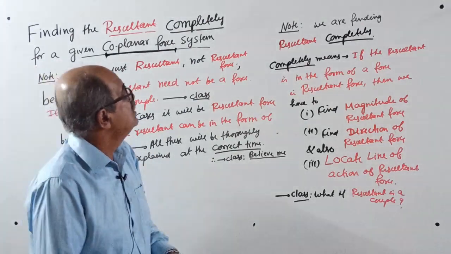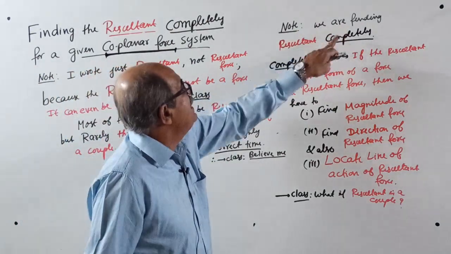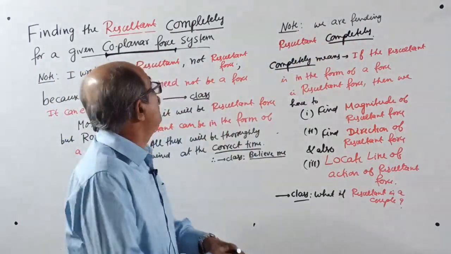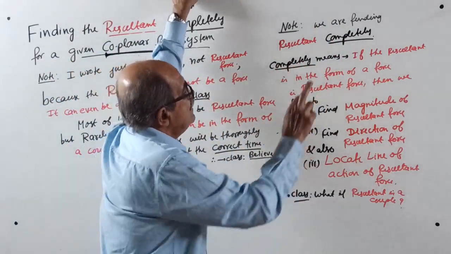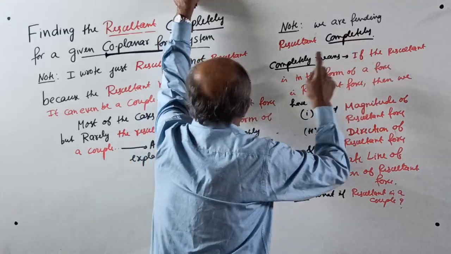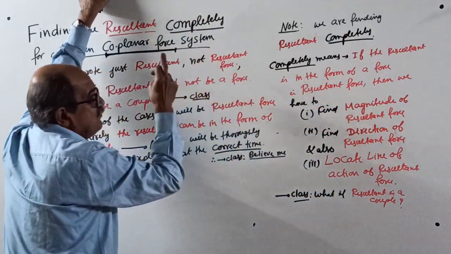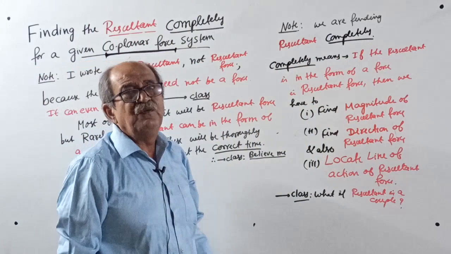Okay, now, note, we are finding the resultant completely. See, I told completely. Completely means what? I told you the resultant can be either in the form of a force or in the form of a couple.